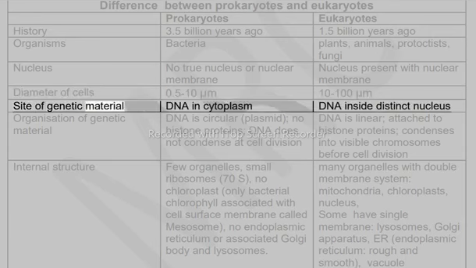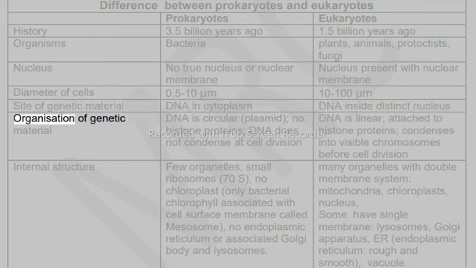Site of genetic material: DNA in the cytoplasm for prokaryotes, DNA inside a distinct nucleus for eukaryotes. Organization of genetic material: in prokaryotes DNA is circular, plasmid, with no histone proteins, and does not condense at cell division. In eukaryotes DNA is linear, attached to histone proteins, and condenses into visible chromosomes before cell division.